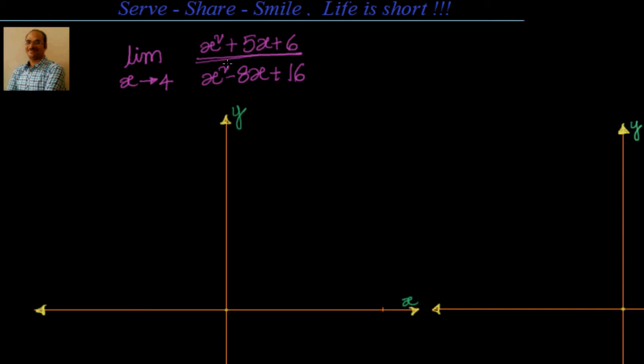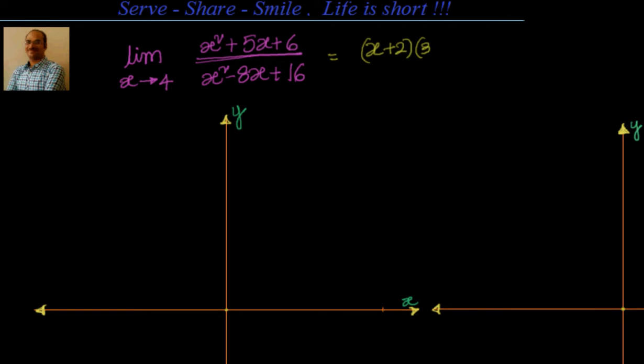I have been given: find out the limit as x tends to 4 of x square plus 5x plus 6 divided by x square minus 8x plus 16. Now, if I try to substitute the value x equal to 4, what will I get? Before that, I'll see whether I can factorize this so that it will be easy to substitute the value.